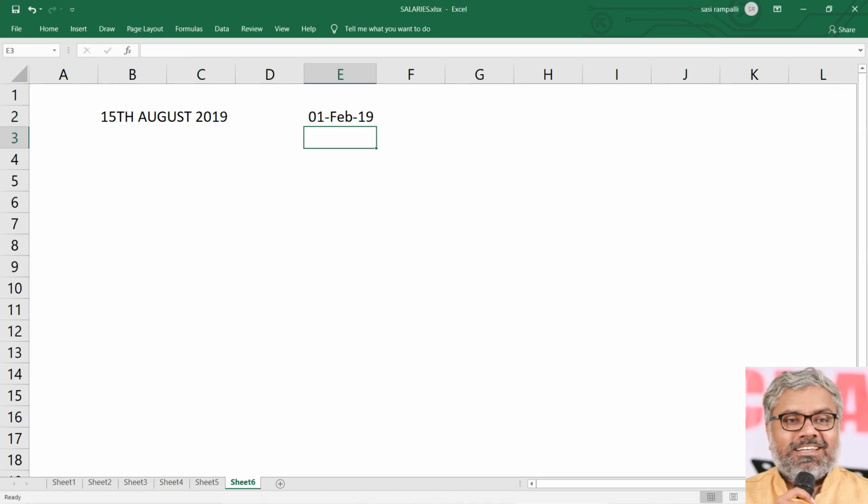That was the earlier increment date. So prior to that, let us say he has received, just for example, 10,000 per month. After that, he started receiving 12,000 per month.